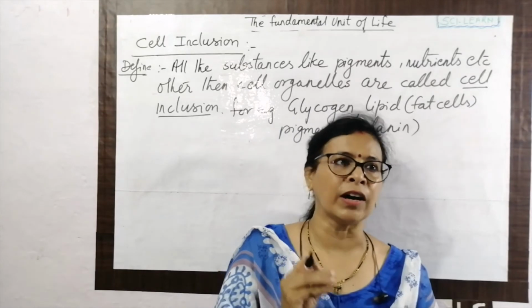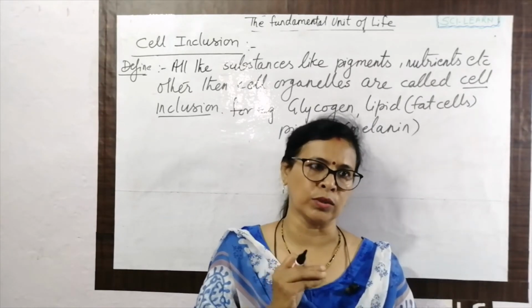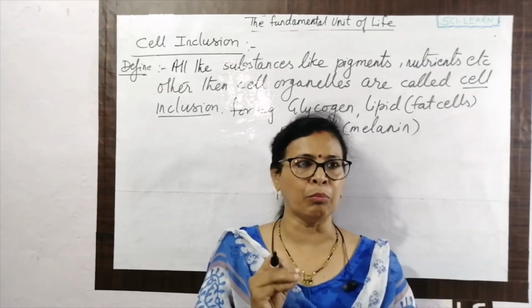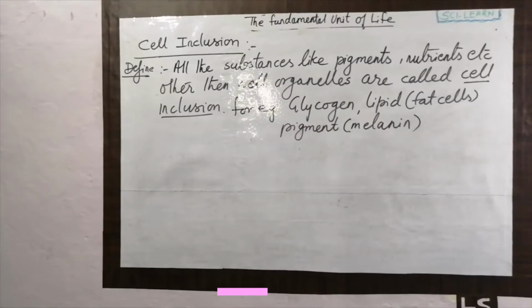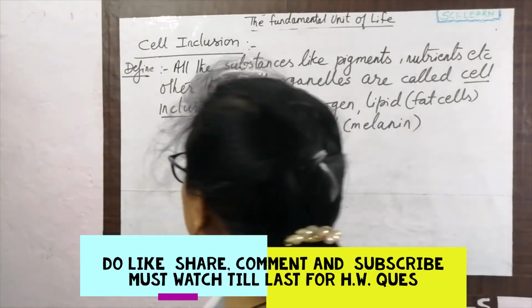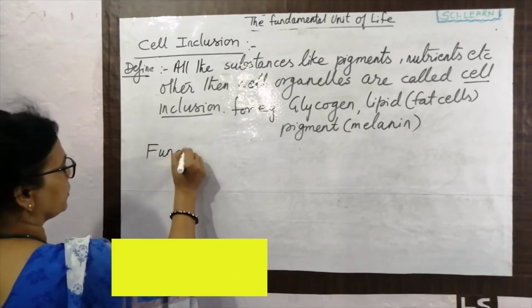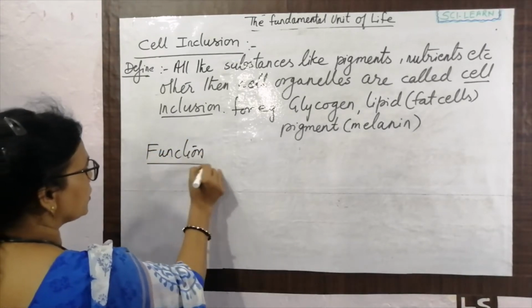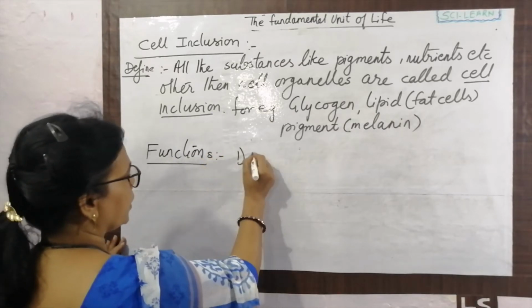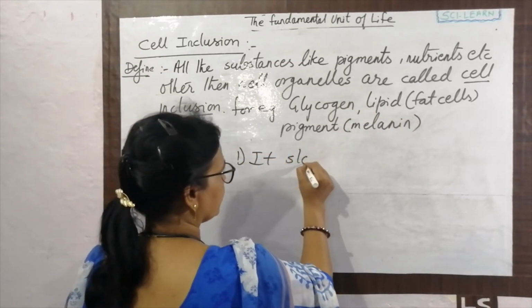Now, what is the function of the cell inclusion? Cell inclusion is important. The next is the function of this cell inclusion. What are the functions? First, it stores nutrients.